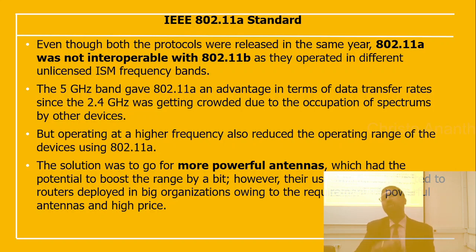But operating at a higher frequency also reduced the operating range of devices using the 802.11a standard. The solution was to go for more powerful antennas, which had the potential to boost the range by a bit. However, their use was largely limited to routers deployed in large organizations, based on the requirement of powerful antennas and of course the higher price.